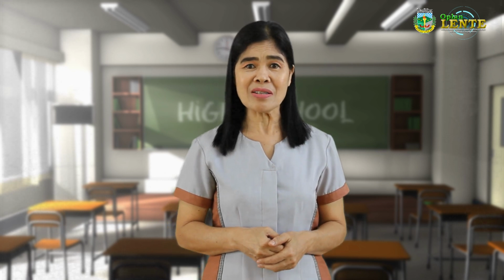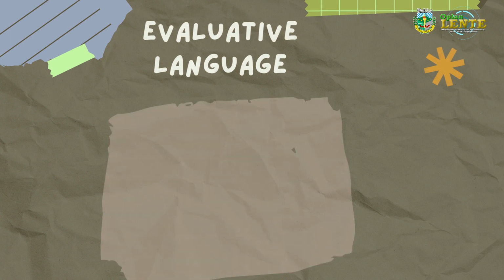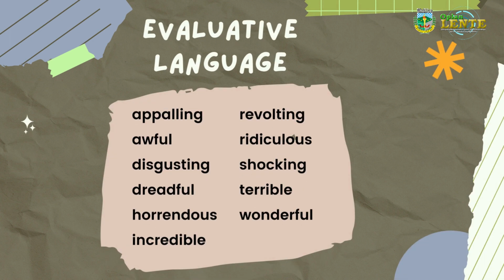The use of evaluative language, usually in the forms of adjectives, reflects the writer's attitude towards a certain idea. These words express feelings, opinions, or judgments on what they are describing.